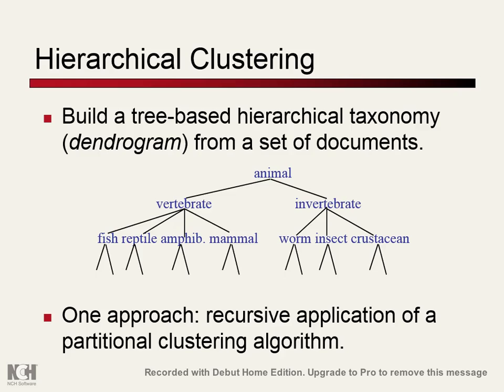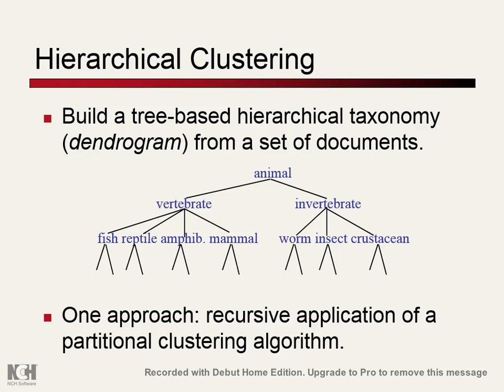Like this, for example, we see an animal, we can divide it into two different clusters, two different groups, and each group you can further divide into its subgroups, like this. So you can treat it like a tree-based hierarchical group.